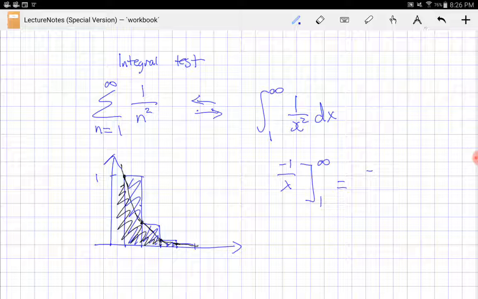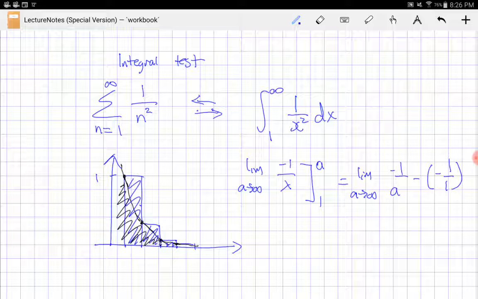This is not the proper notation, so let's go back to our proper notation and call it a. The limit as a goes to infinity of negative 1 over a minus negative 1 over 1.